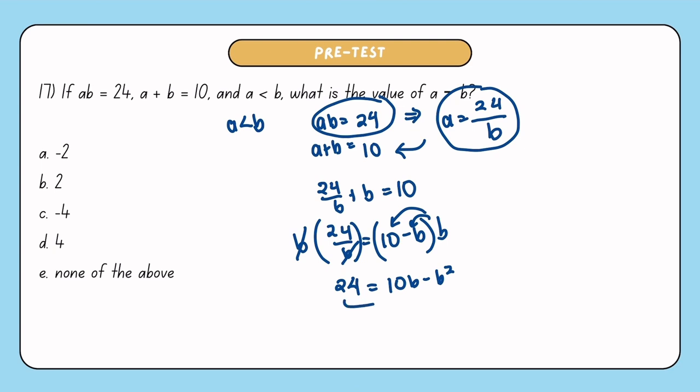Rewrite tong buong equation na to as B squared minus 10B plus 24 equals 0. Then we solve for B.